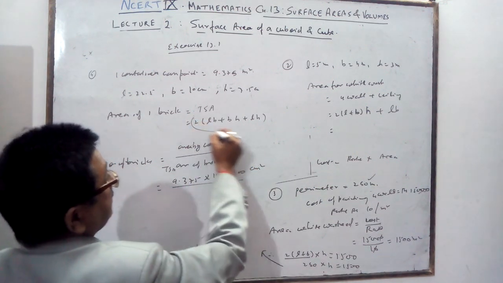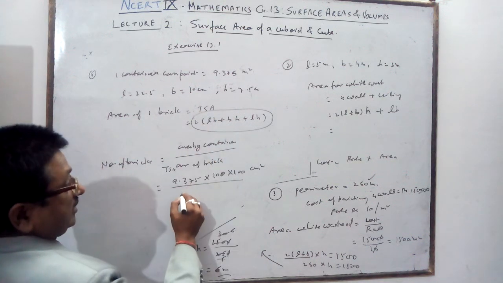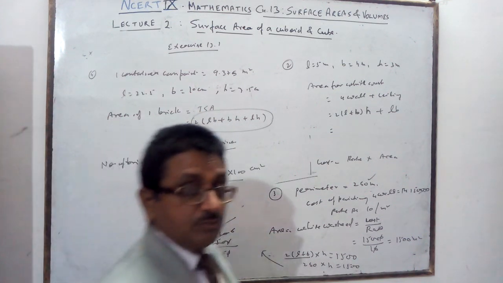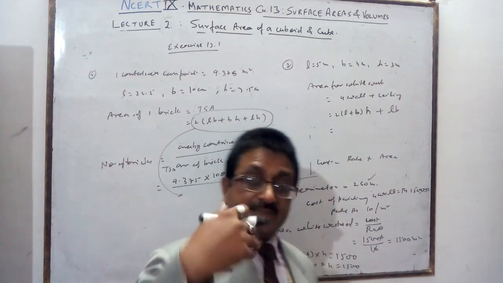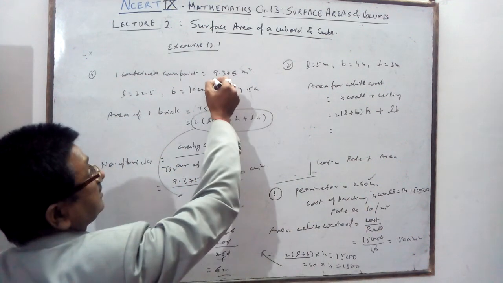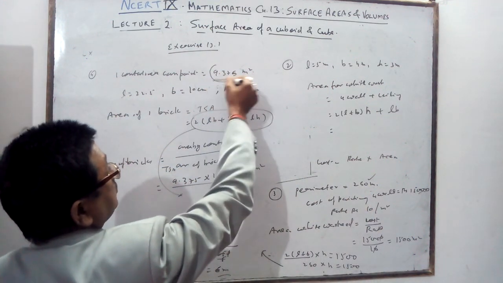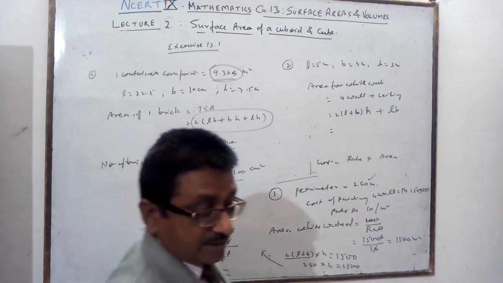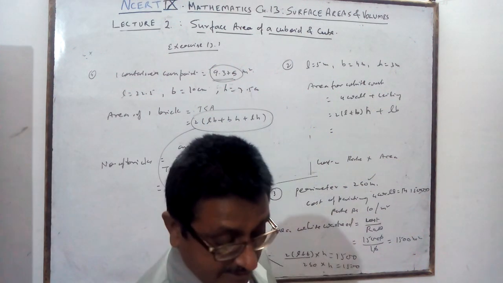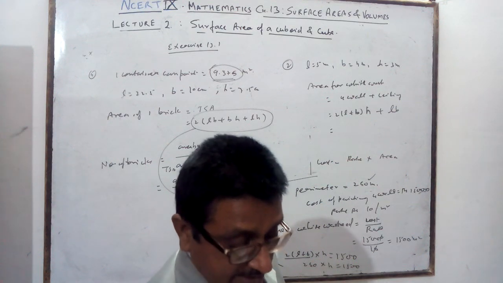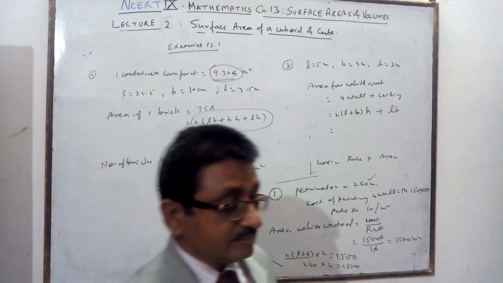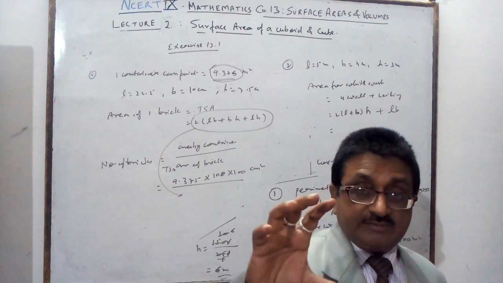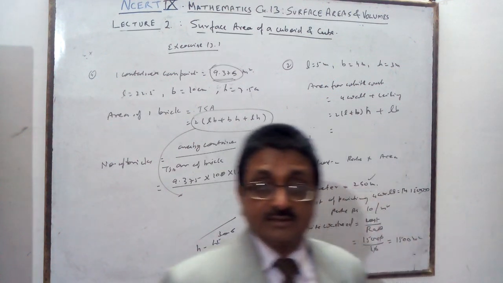Upon the area you get from here, you write at this place, then you will get the number of bricks. This total area divided by the area of one brick gives the number of bricks to be painted by this paint. One container is given which can paint the total bricks.